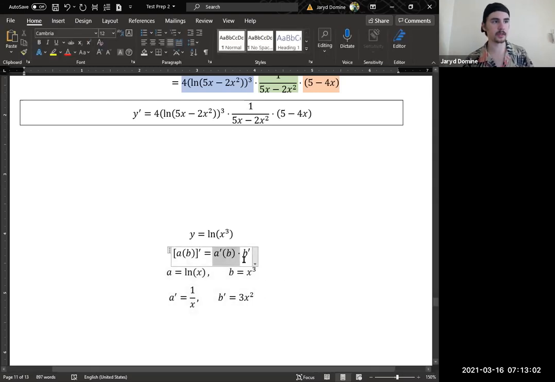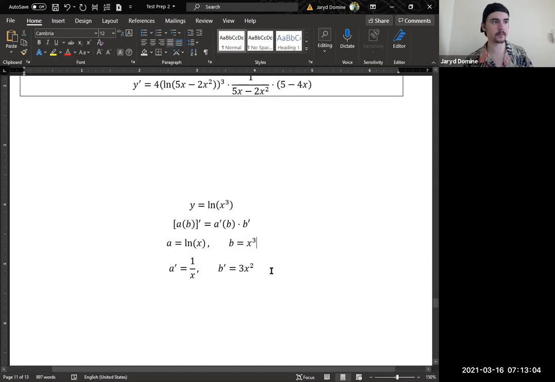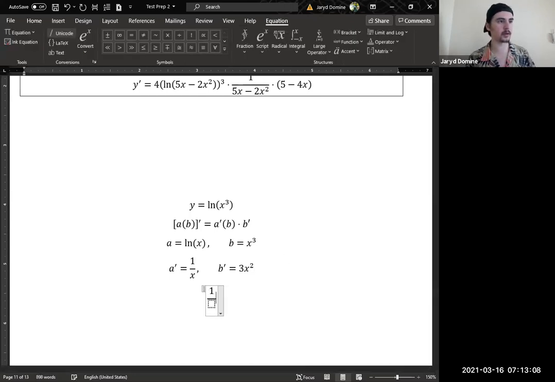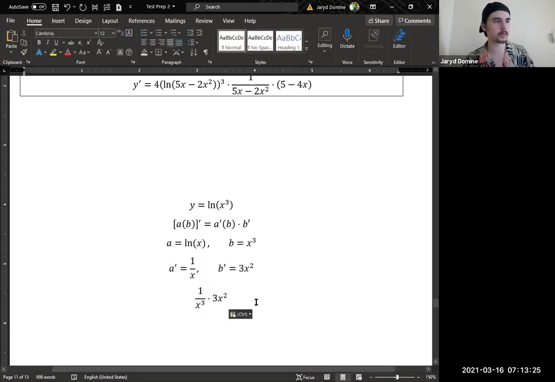Okay. So look at this formula. So a prime, I plug in b. That's 1 over my b, 1 over x cubed, times b prime, which is 3x squared. Okay. So derivative of the outside times derivative of the inside.